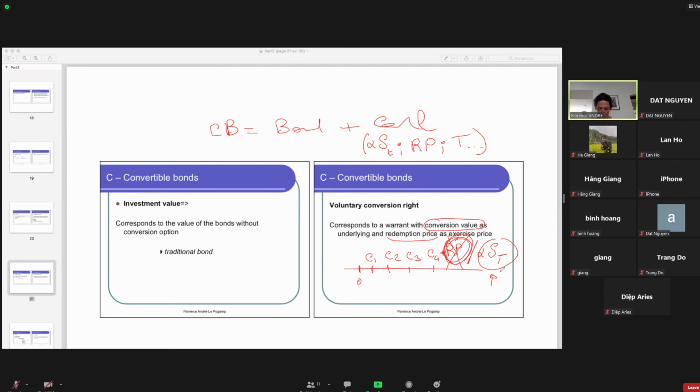Okay, so this kind of financing is very interesting because we consider that the investors hold a downside protection, whereas they can also benefit from an increase of the stock price in case of success of the company. But if the stock price doesn't increase, it is like being a bondholder, and then he has a downside protection. You understand?